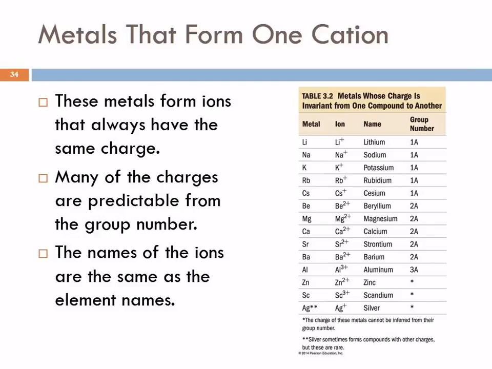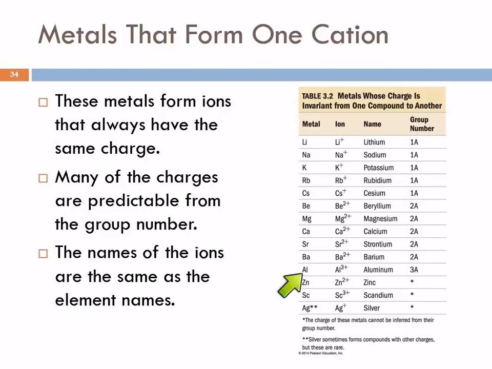So we've got group 1A, 2A, 3A, zinc and silver. That's one category of metal ion. Zinc always forms a +2 ion. Silver always forms a +1 ion. Except for some really rare things we're not going to run into. So that's the small print down there.